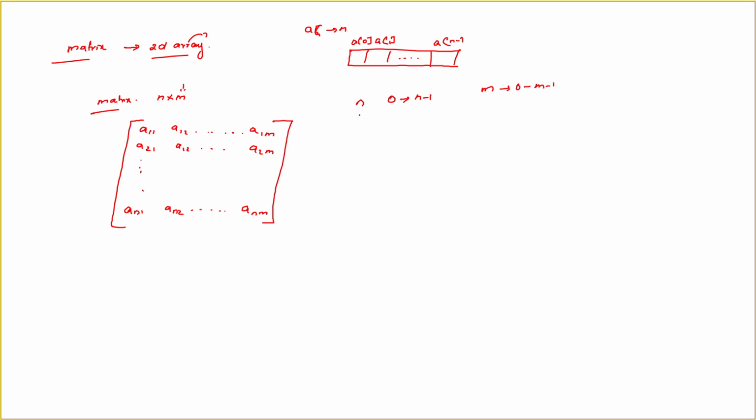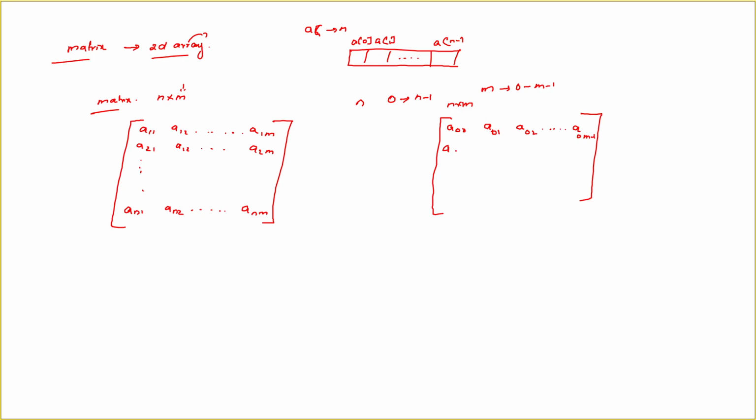If I am dealing with the same matrix in the computer, the first element will be a of 0 0, the second element will be a of 0 1, a of 0 2, and the last element will be a of 0 m minus 1, since this is an n by m matrix.